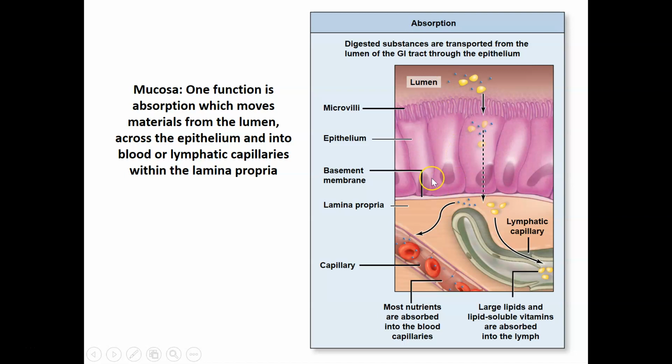So they've left the lumen. And then once they're in the lamina propria, these are the 2 main destinations: either the bloodstream, since most absorbed nutrients end up in the bloodstream, or a lymphatic capillary. We haven't talked about these yet, but that's another way to circulate fluids and substances dissolved in them in the body. Okay? So absorption is one of the main functions of the mucosal membrane.